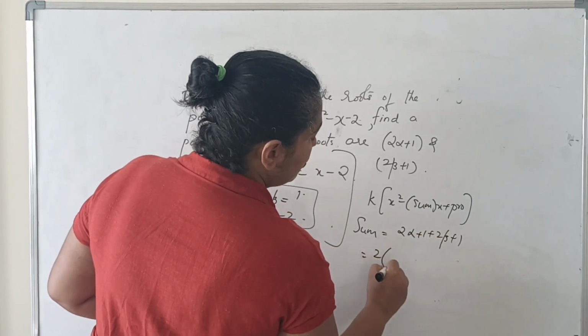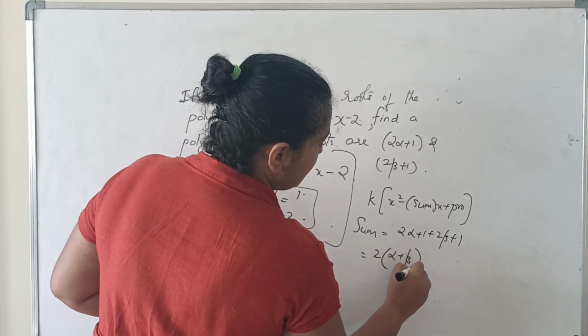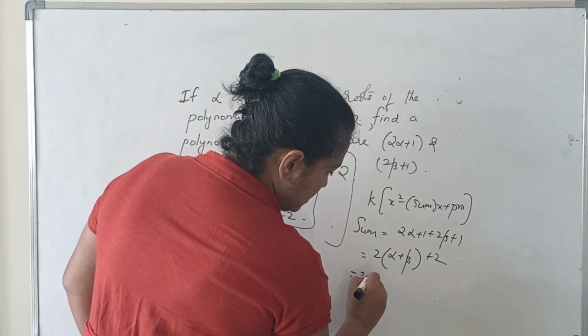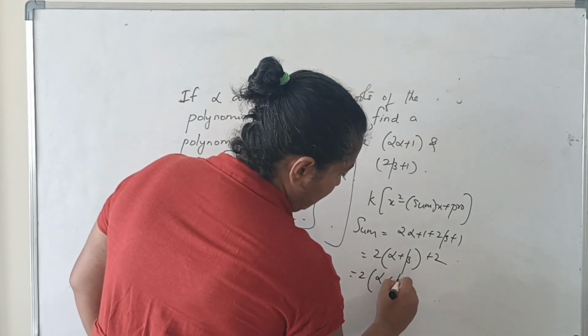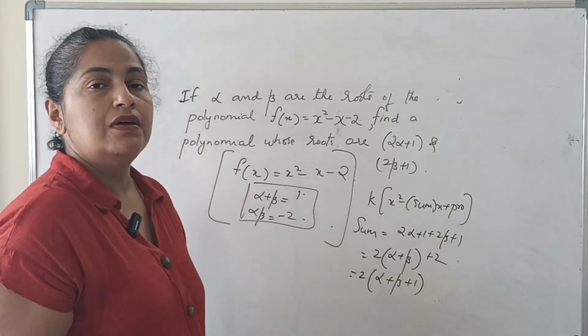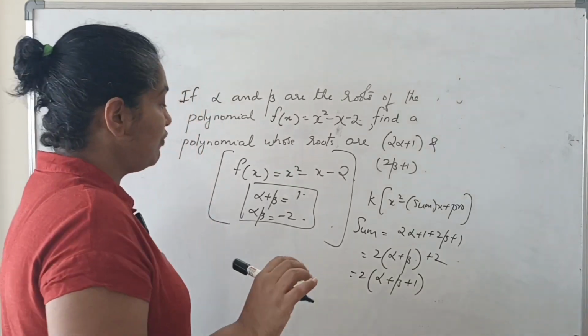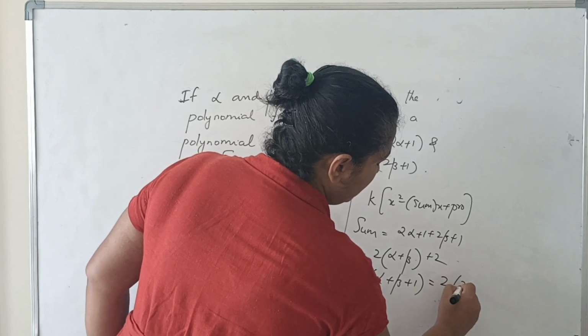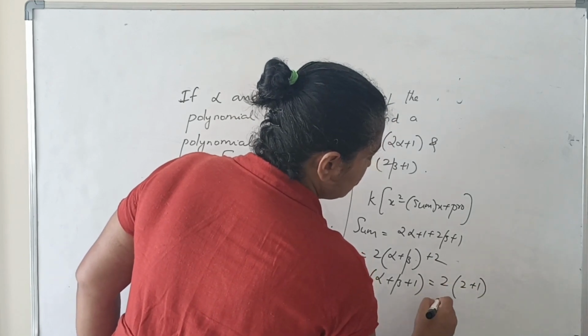So you will get 2 into alpha plus beta plus 2. Correct? If I am taking 2 outside again, you will get 2 into alpha plus beta plus 1. But we already know the value of alpha plus beta, which is 1. So when I am substituting it, I will get 2 into 1 plus 1, which is 2 into 2, which is 4.